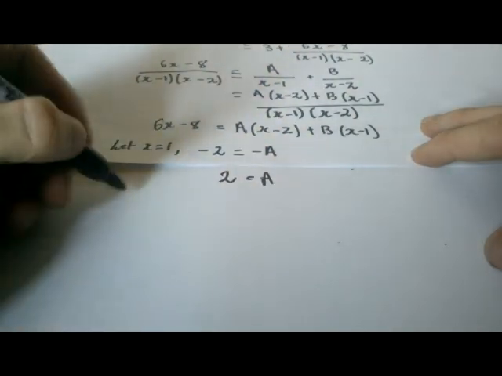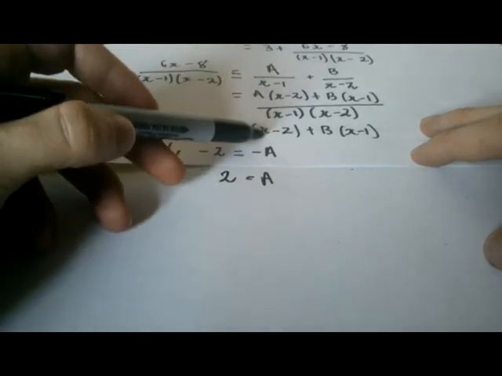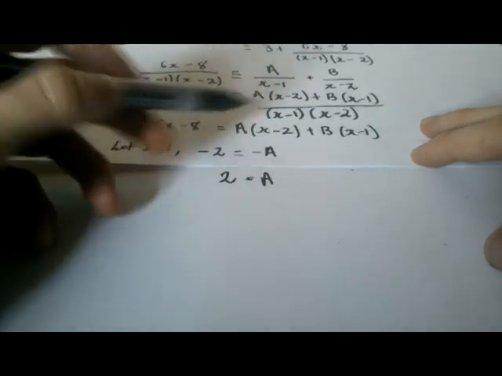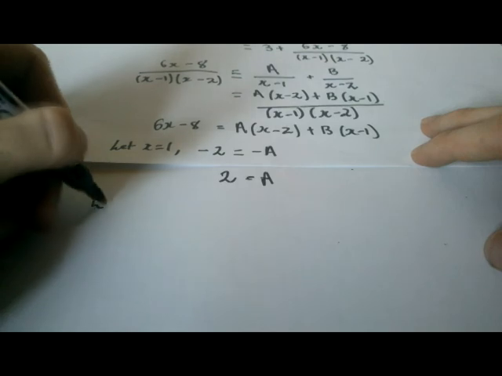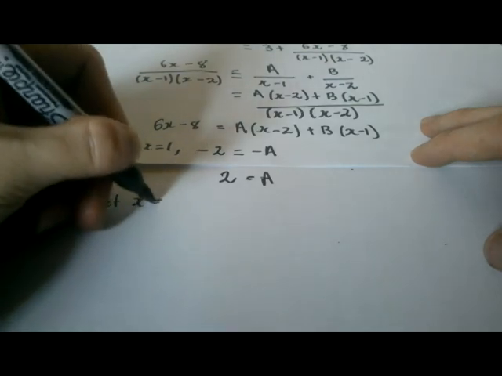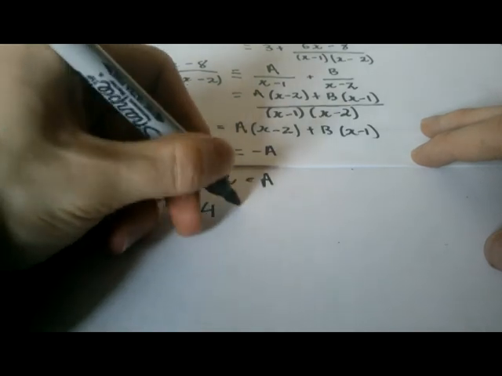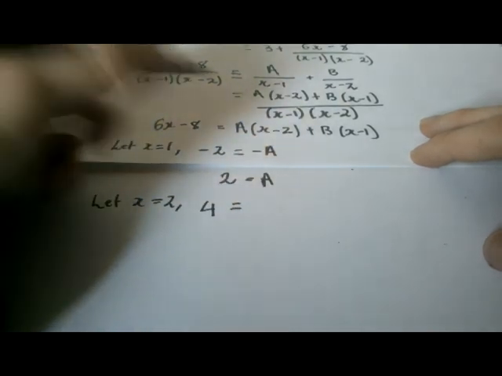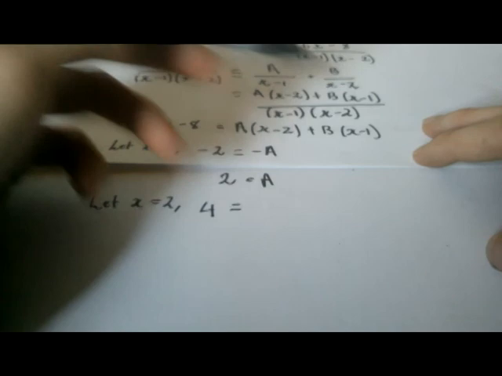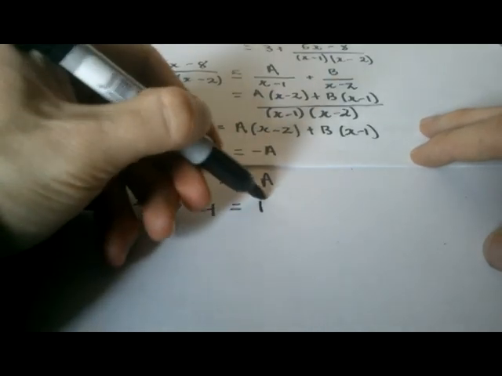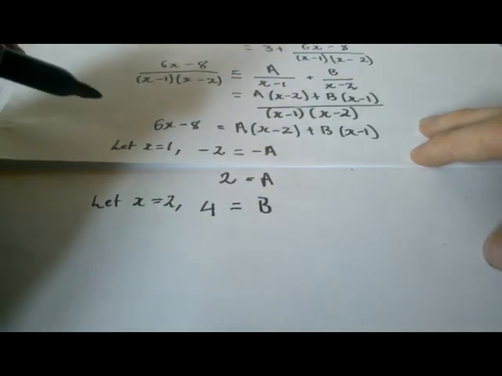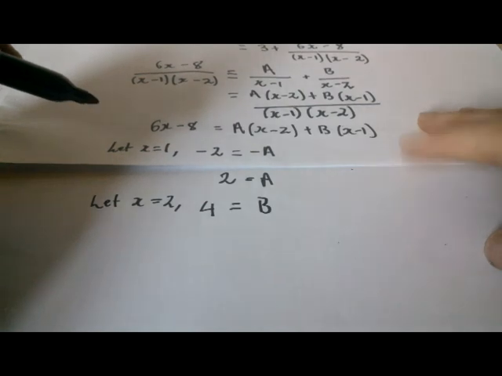Let's do the same for B. So if we make x equal 2, then 2 minus 2 equals 0, the A part will go. Let x equal 2. 2 times 6 is 12, minus 8 is 4. Over here, 2 minus 1 is just 1, so that's straight up the answer, B equals 4.